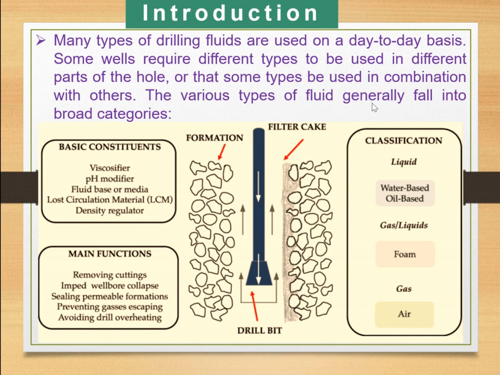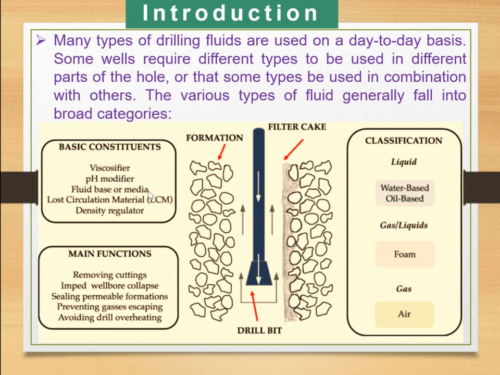So the various types of fluids generally fall into broad categories. The main uses of drilling muds are versatile. It can enhance viscosity. A viscosifier means a material which can enhance viscosity. Then pH modifier. pH means negative logarithm of the hydrogen ion H+ concentration. These are basic things.